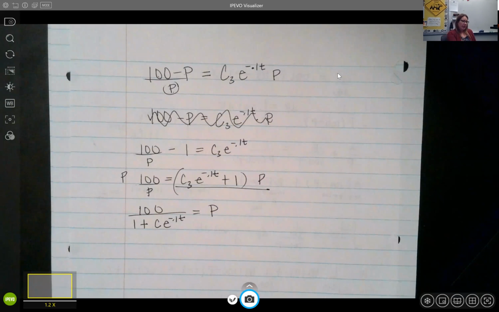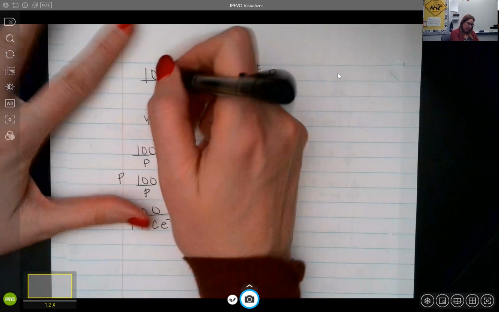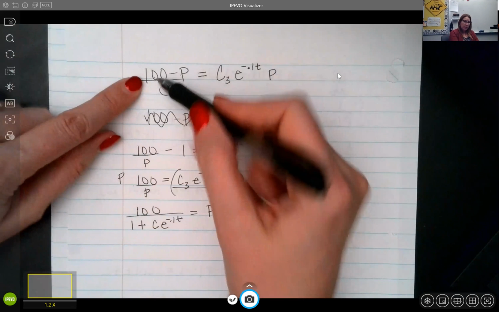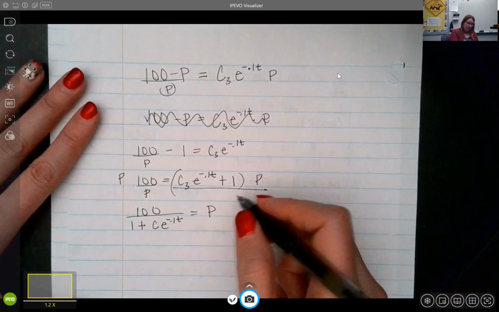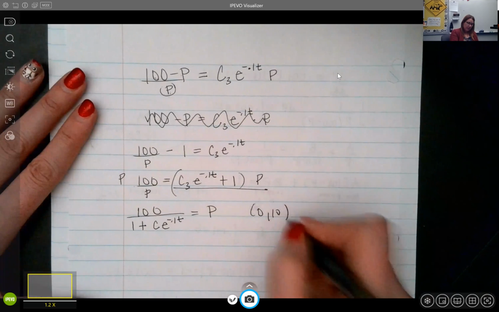When you get to this step, you're going to do the 100 over p and then the negative p over p.